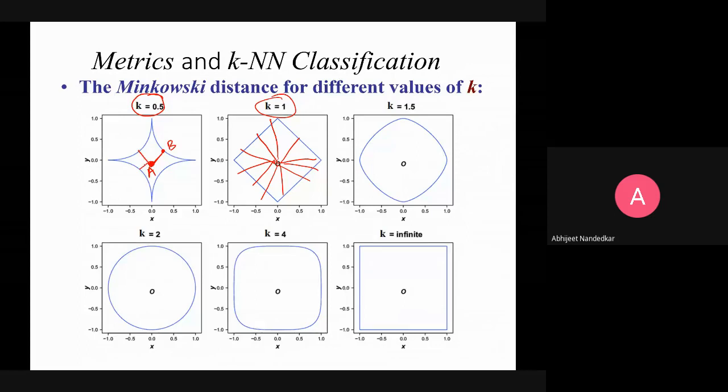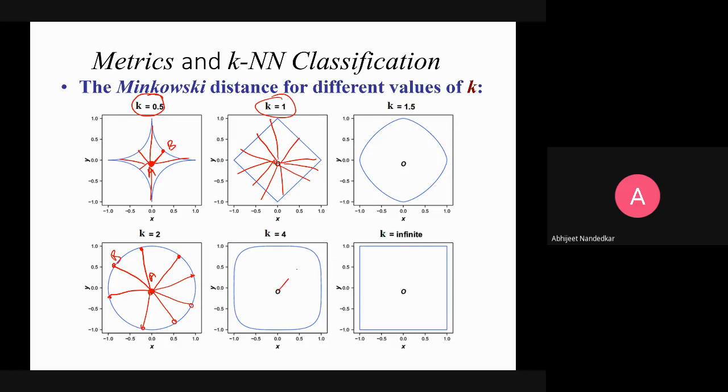If you take k equal to 2, that is the Euclidean norm, then immediately you will agree that this distance is the same. It will be a circular kind of thing. The distance from this A to any point B on this circumference is actually the radius of the circle, a unit distance.